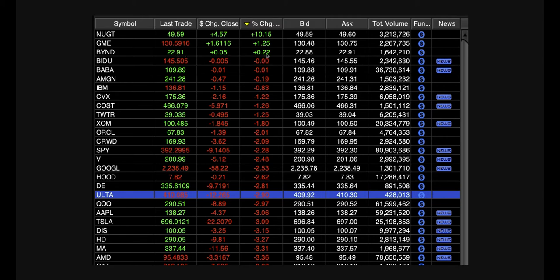You get Beyond Meat, GameStop, Baba, Baidu, which are flat. Outside of that, there's really nothing. It's literally just GDX, NEM, miners, and derivatives of gold, which is just safety.